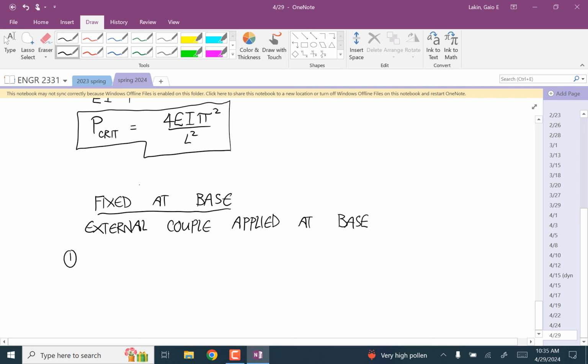So the first step is draw a free body diagram from the base to some value x, and use the moment equation. Okay, so that's the first step.